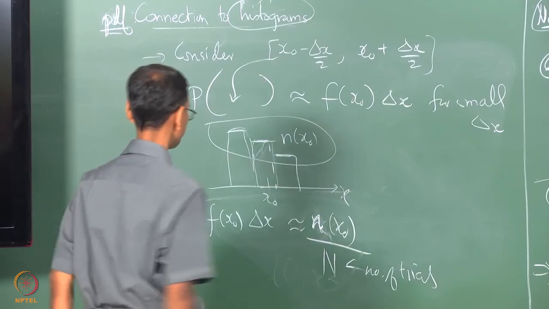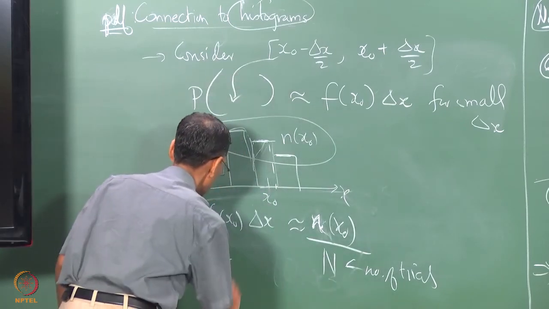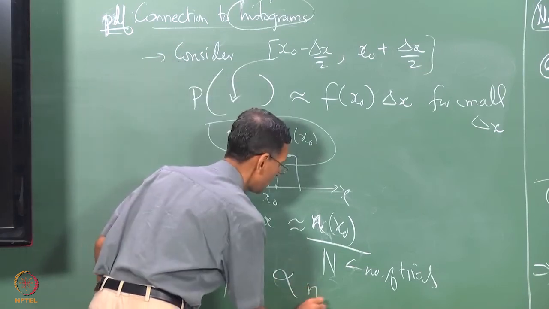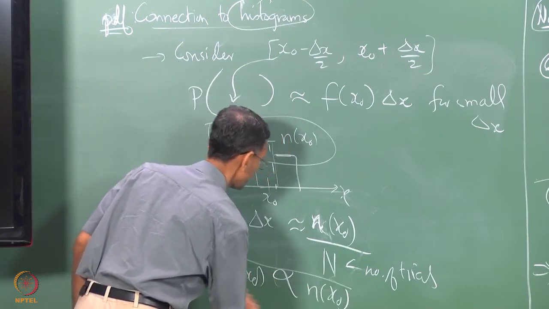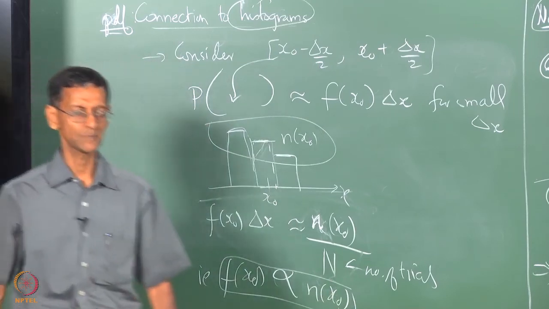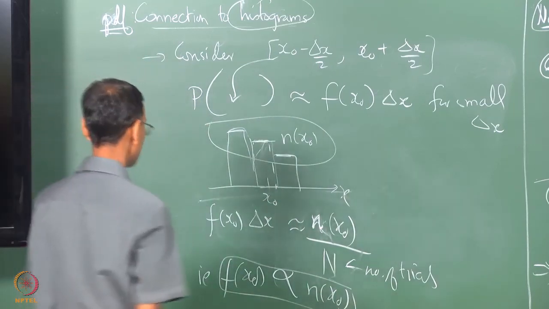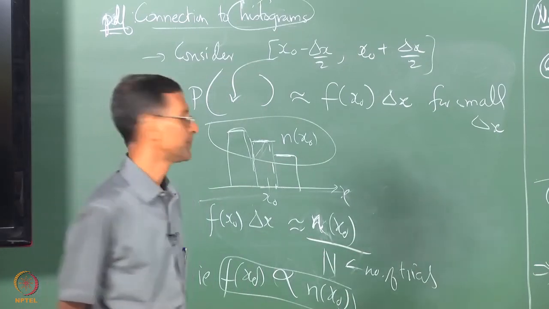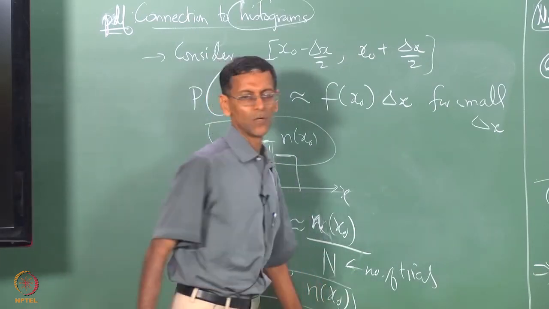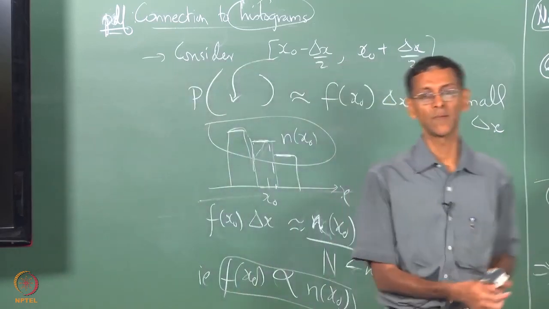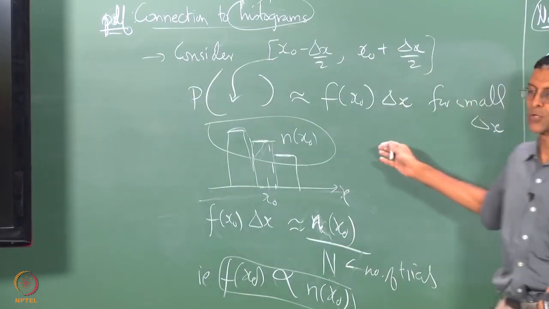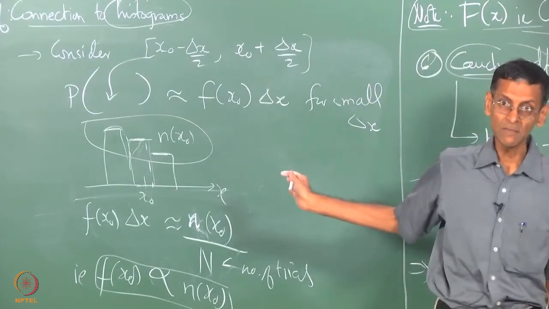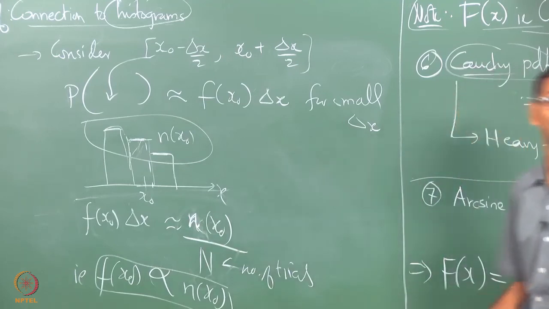I just say f of x naught is proportional to n of x naught, assuming this N is fixed. So just keep this also in mind. I am obviously not going to ask this kind of thing in the exam, but somebody could easily ask this question in a viva or interview.